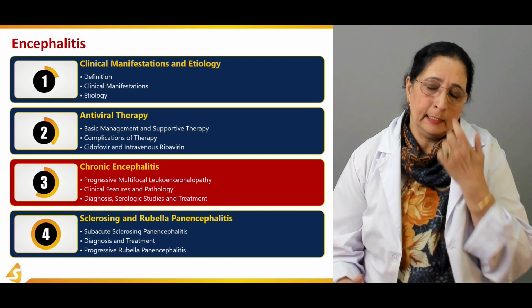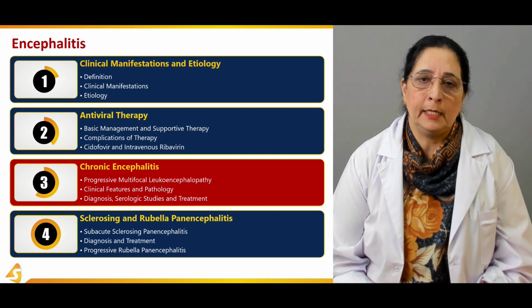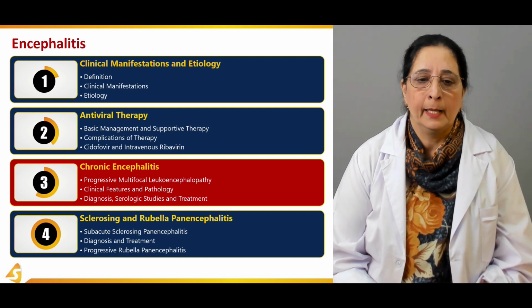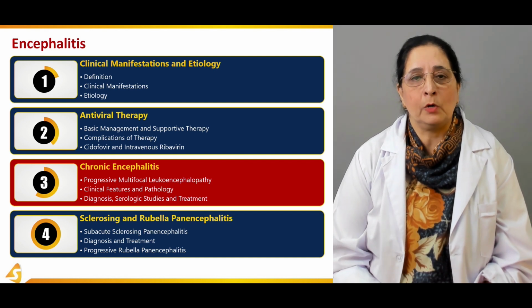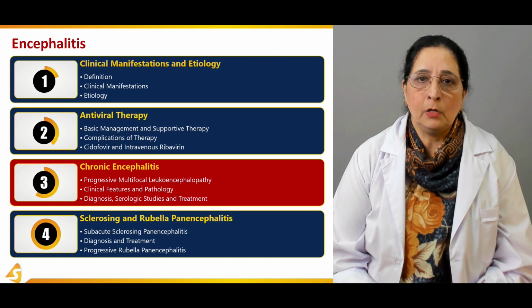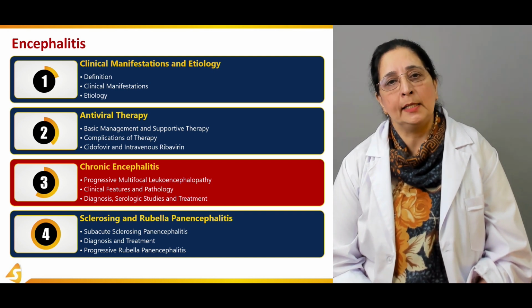What are the clinical features associated with this and the pathology, and also how we diagnose this condition, what are the different serological studies that can be done, and how we treat this condition.